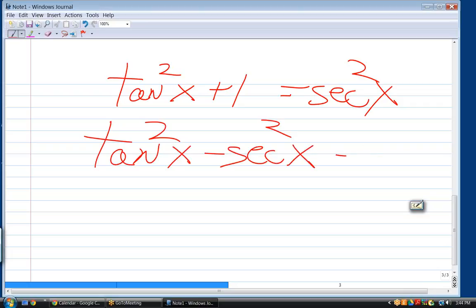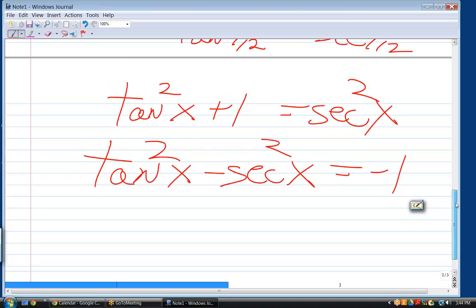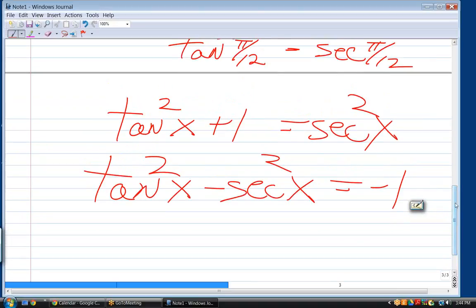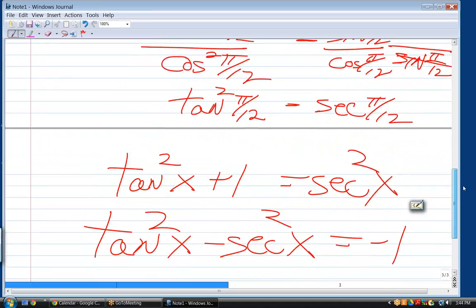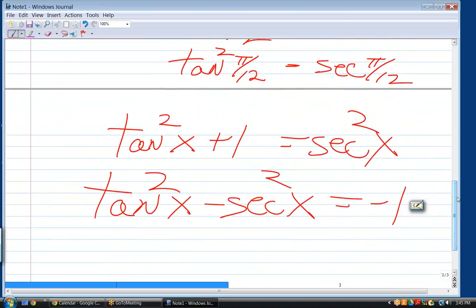And usually these problems end up with something like that. This one did not, which is a little puzzling.